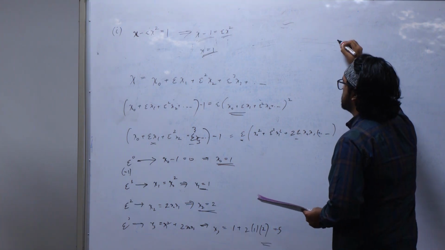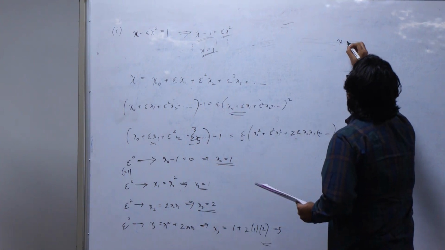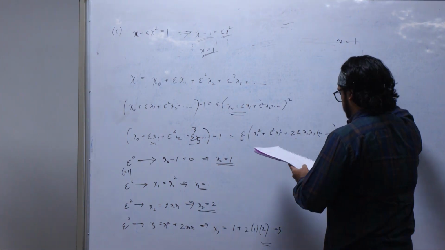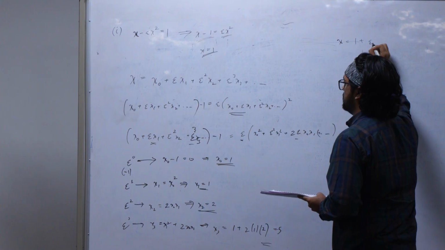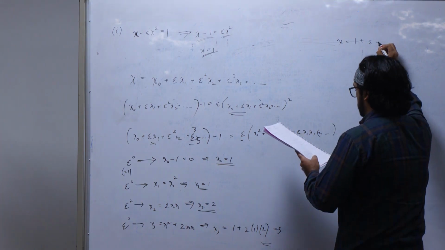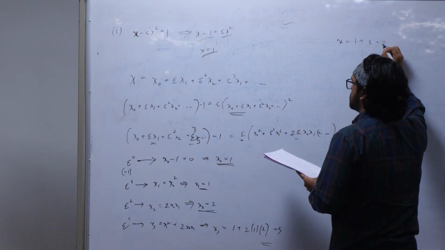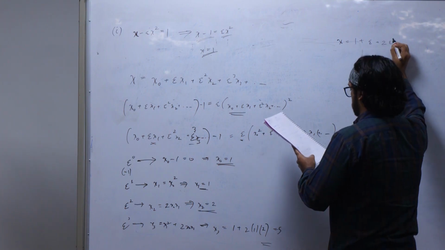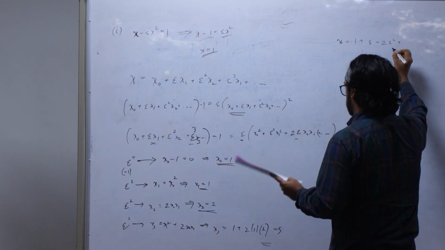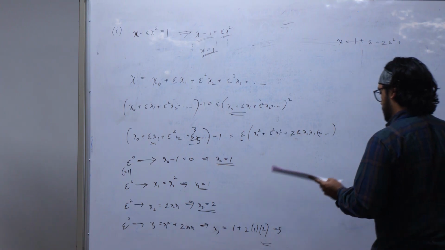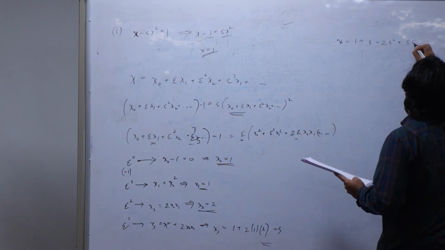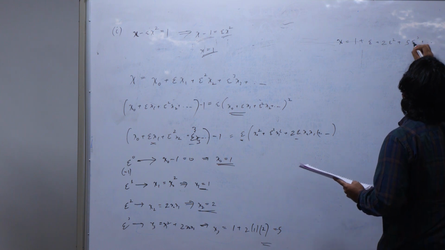So the solution is x naught is 1 and epsilon x1 is again 1, x2 is 2, so we have 2 epsilon square plus x3 is 5, so 5 epsilon cube and so on.